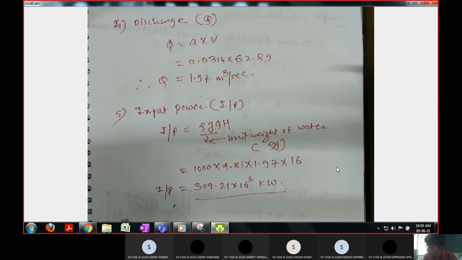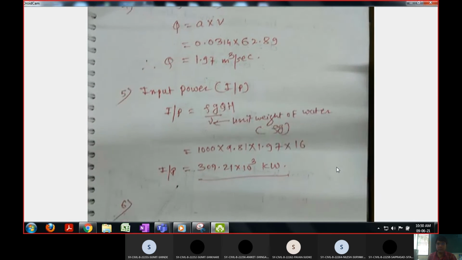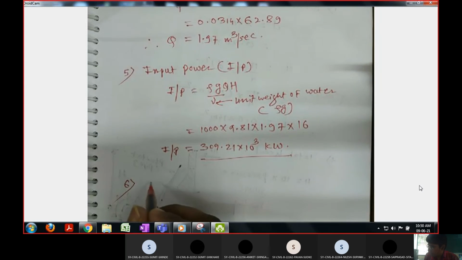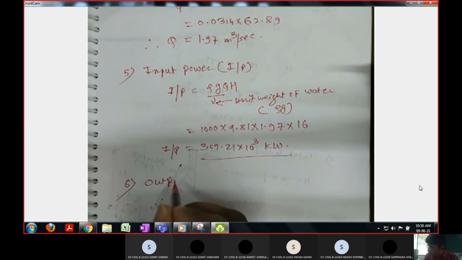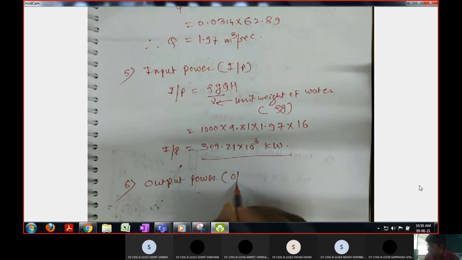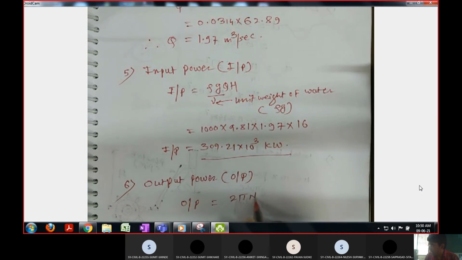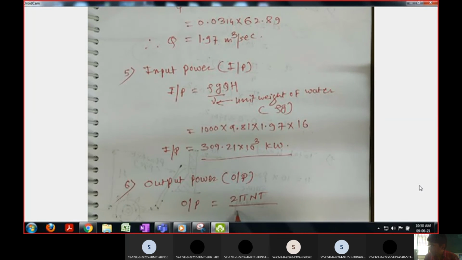Now, the next we have to calculate output power. So how will you calculate output power? We have the formula 2 pi NT divided by 6000.